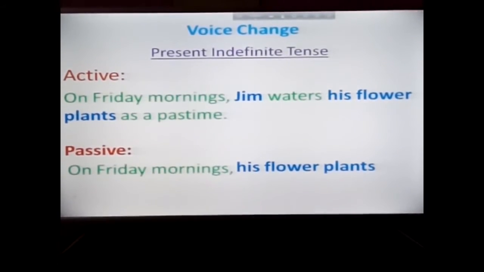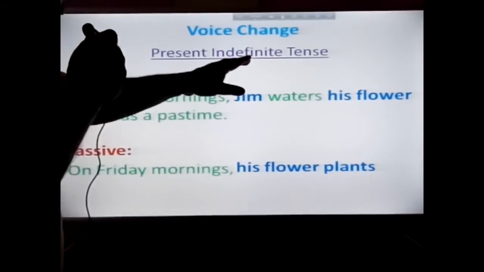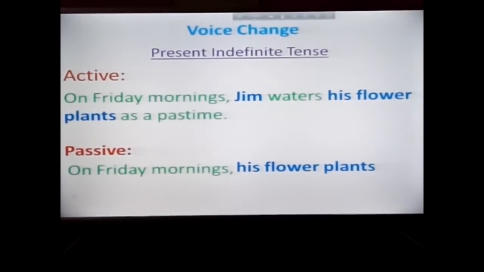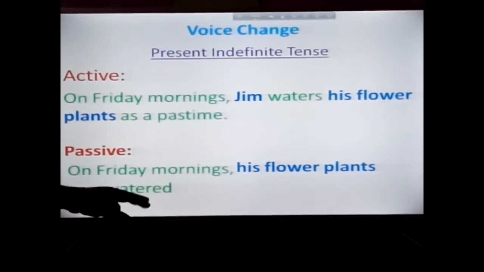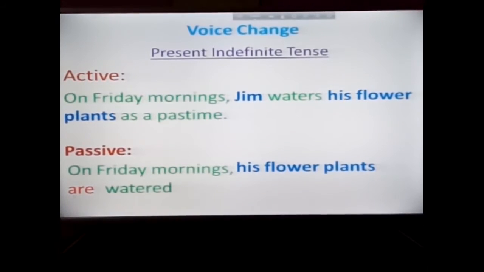After the subject of your passive sentence, you need to use a be verb in its right form, and for a plural subject like this in the present indefinite tense, the right form of the be verb is always this one, are. And after the be verb, you have to use the main verb of the active sentence in its past participle form. So waters becomes watered in the past participle form.